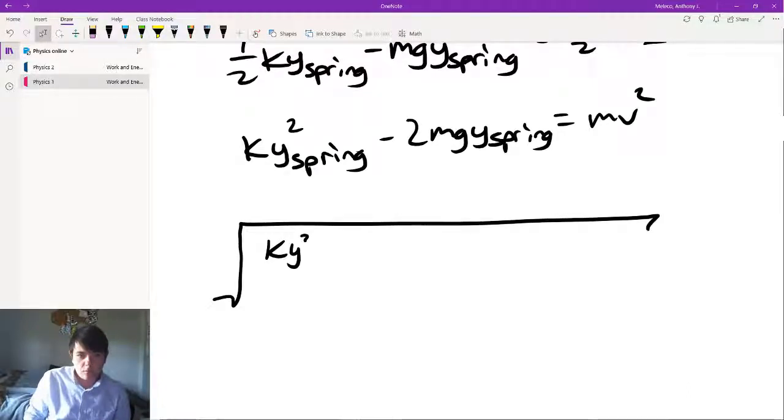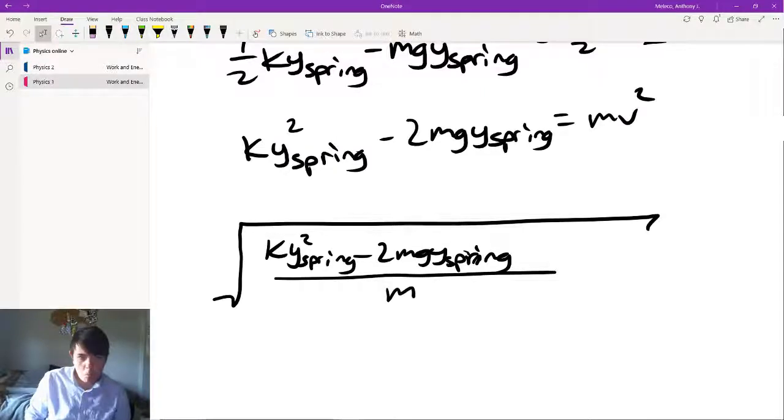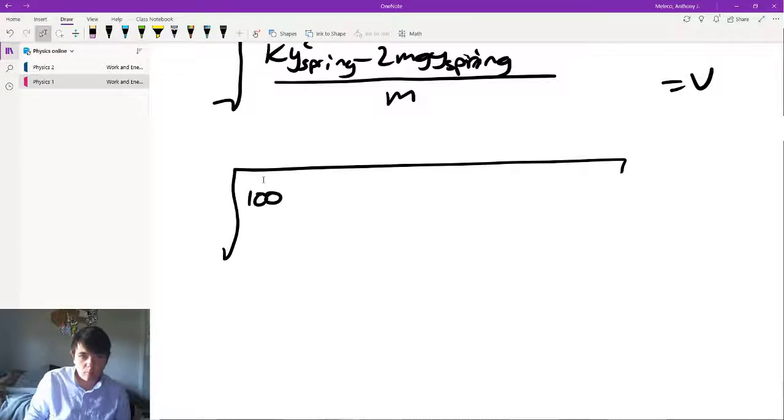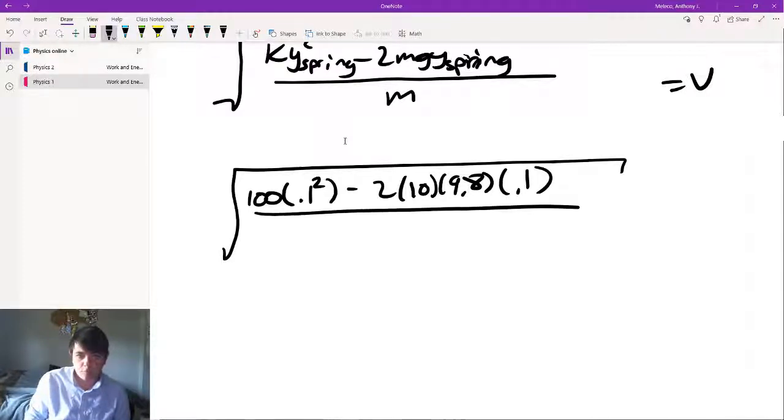So there is a lot to write here. And if you plug this in, y spring was 0.1 squared minus 2, and I believe the mass was 10 kilograms. Yes. y spring again, 0.1 over 10.